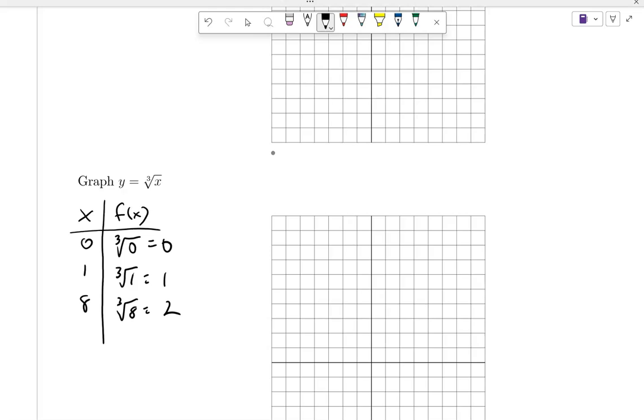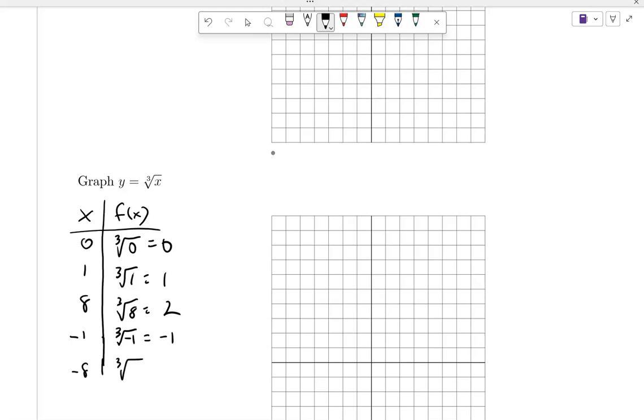However, this is a cube root function, right? I only did positives for square root because we know we can't do square roots of negatives. Can we do cube roots of negatives, though? Yeah, sure can. Cube root of -1: what number when you cube it gives you -1? -1 does, right?